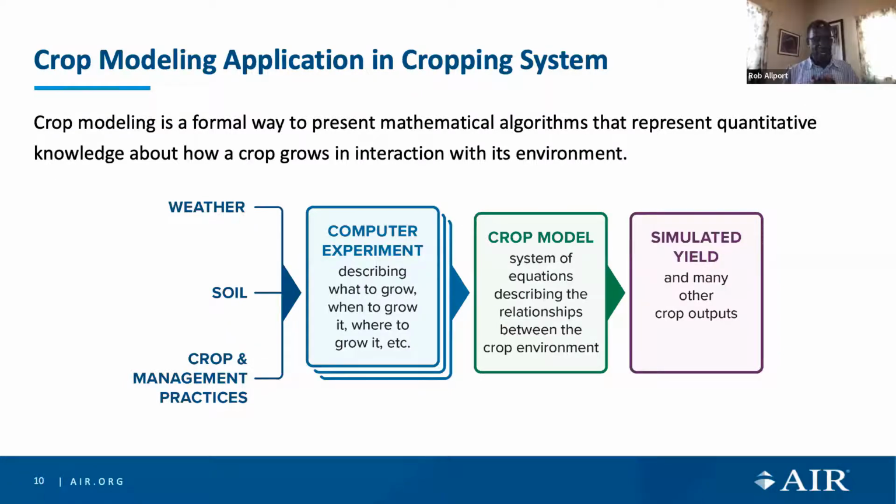One of the tools best suited to help us understand, predict, control and manage the agricultural system is mathematical algorithms that quantify the knowledge about how the crop grows in interaction with its environment.